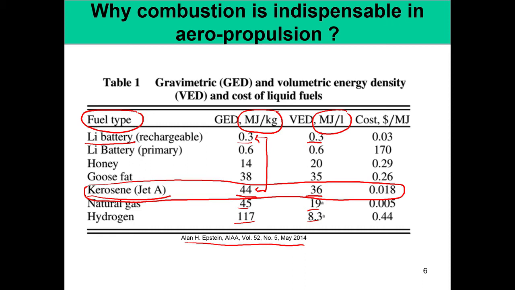Because of the energy density of liquid fuels like kerosene, combustion is the main method by which chemical to thermal and then to mechanical energy transfer is implemented in aero propulsion.